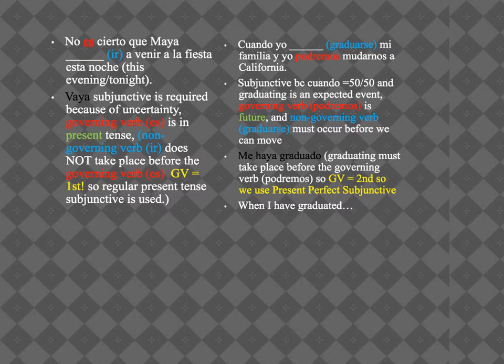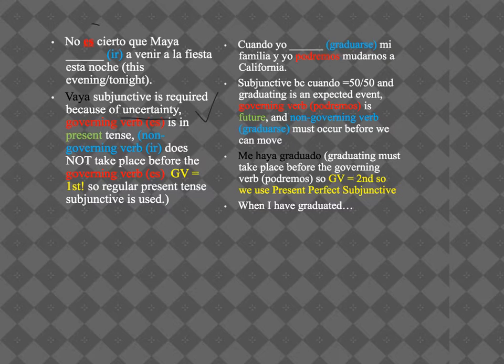Some more examples. No es cierto que Maya vaya a venir a la fiesta esta noche. It is not true that Maya is going to come to the party this evening. Again, do I use present or present perfect subjunctive? Well, here's how I decide. Subjunctive needs to be used because of uncertainty. So that's my qualification number one.